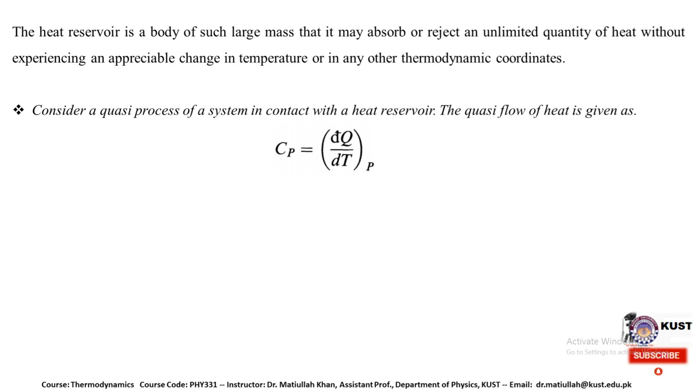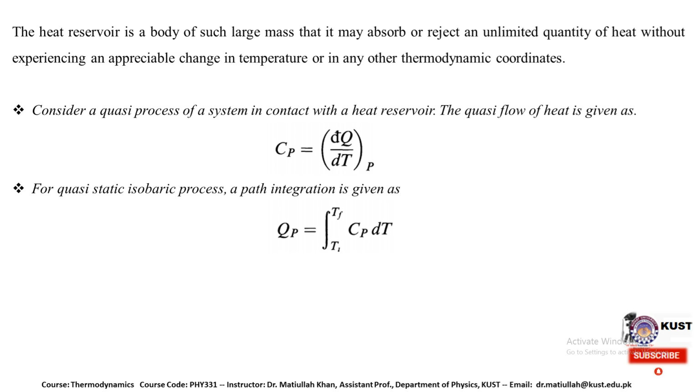So we can write this equation: for a particular quasi-static process of a system in contact with a heat reservoir, the quasi-static heat flow is given by Cp equal to dq divided by dT when the pressure is constant. So if we consider the quasi-static isobaric process, a path integration is given as Qp equal to the definite integral from Ti to Tf of Cp dT, and when Cp remains practically constant, we can take the term Cp out of this integration, so we integrate the term dT.